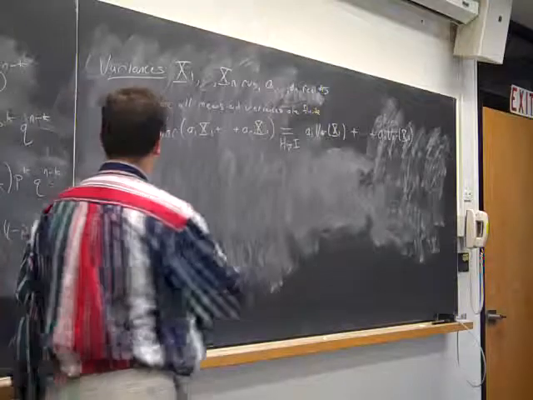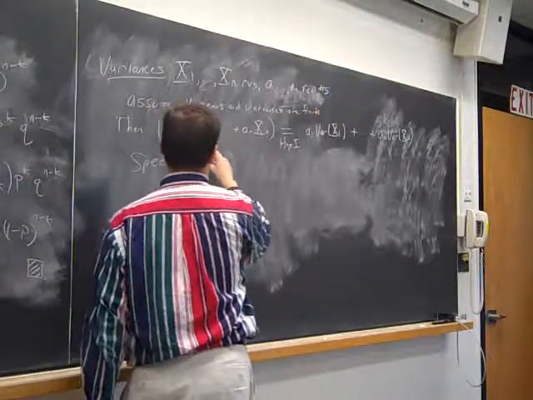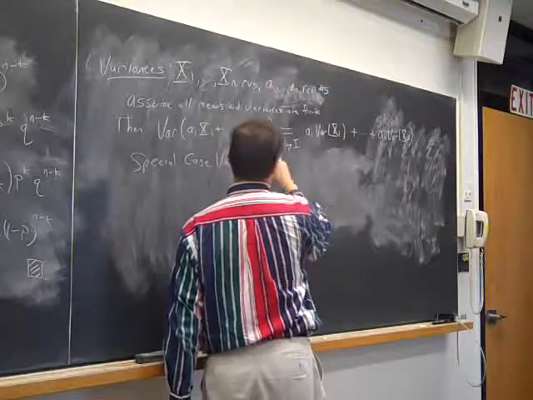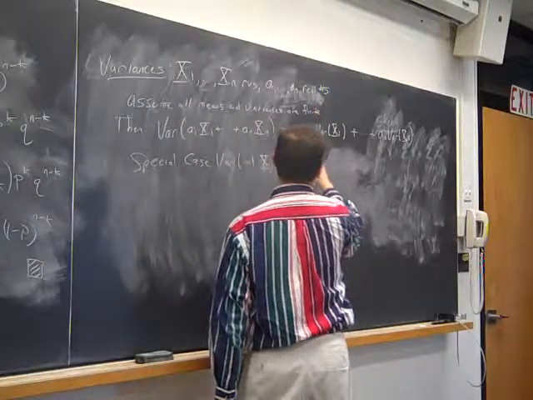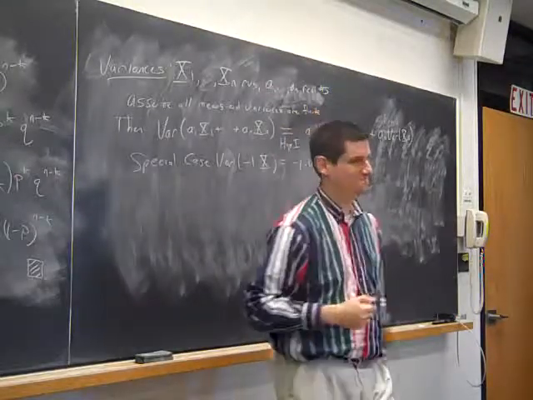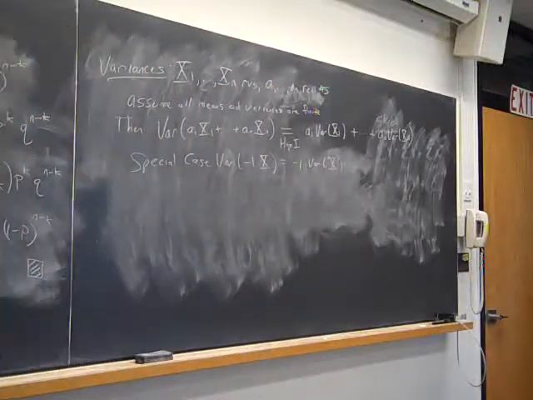So let's do a special case. The variance of -1 times X would be -1 times the variance of X. What's wrong with this? Variances have to be non-negative, right?